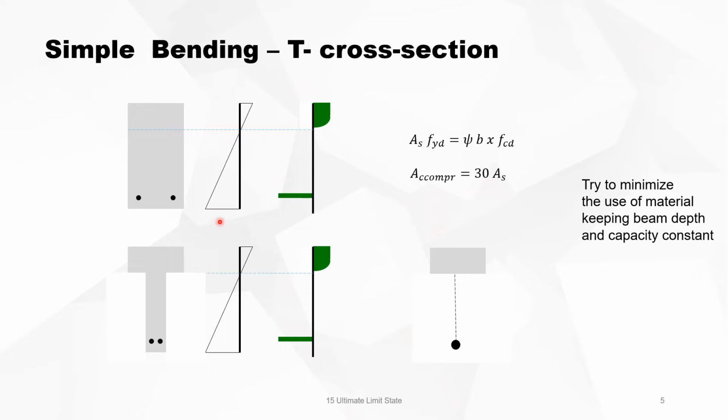So if we know that, then you will see that by cutting away material, you save. And it gives you the same strain diagram and the same stress diagram.